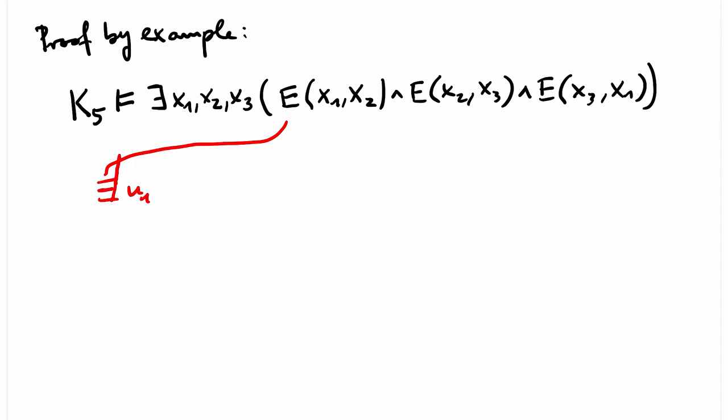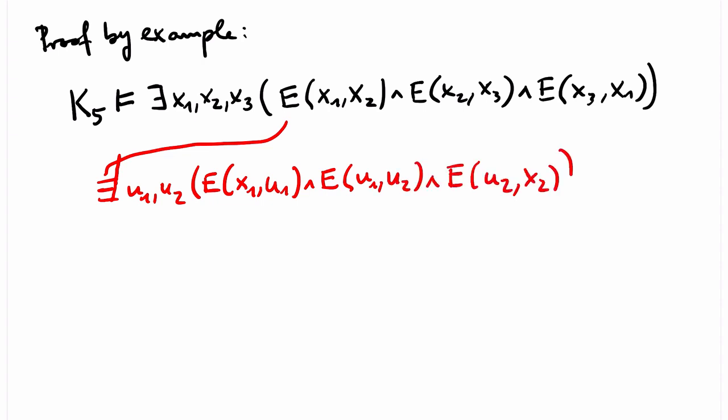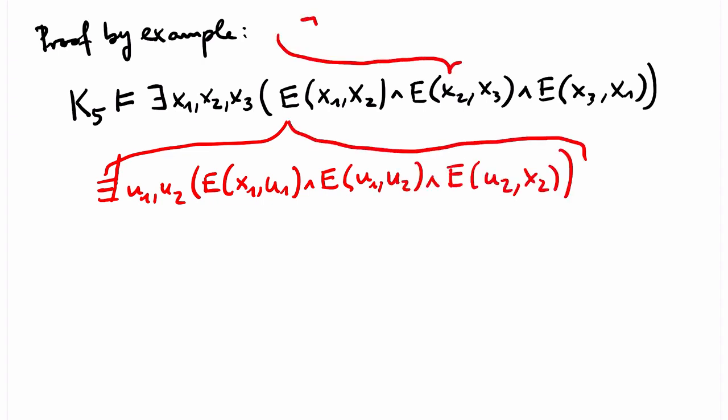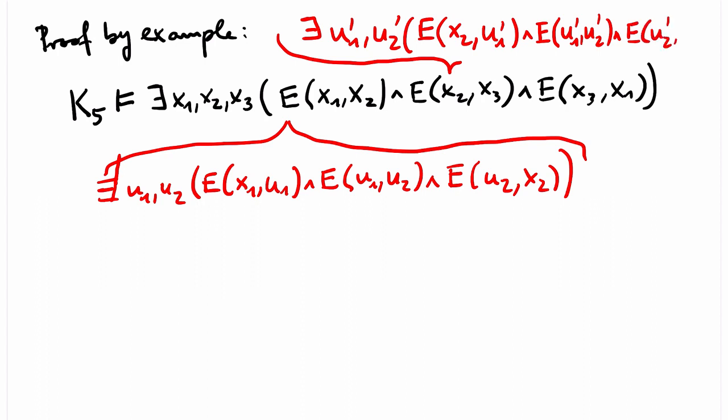What we do is that we replace each of the constraints by its primitive positive definition in C5. So each conjunct gets replaced by 3 new conjuncts. But note that we also have to introduce new variables. We use different new variables each time for each constraint.